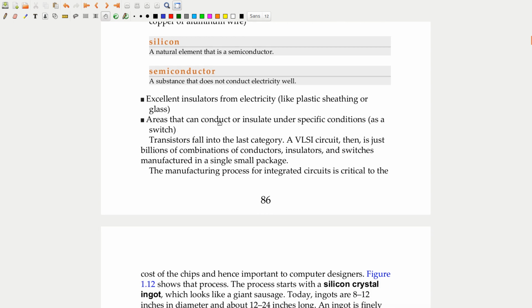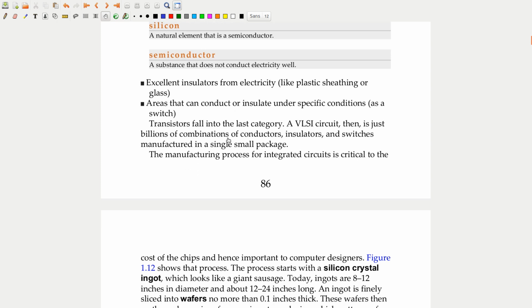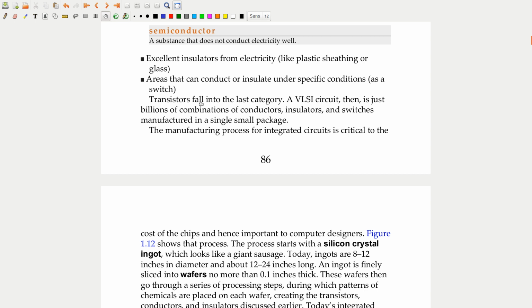And then areas can conduct or insulate under specific conditions as a switch. So this is what we're using the semiconductors for. Transistors fall into the last category, which can either conduct or insulate under specific conditions, and that's usually based upon how we're applying voltage to these devices.